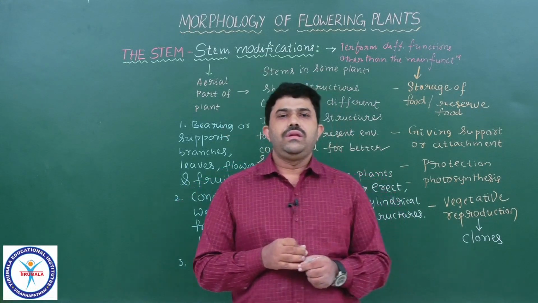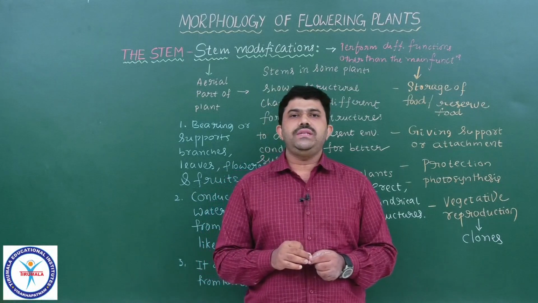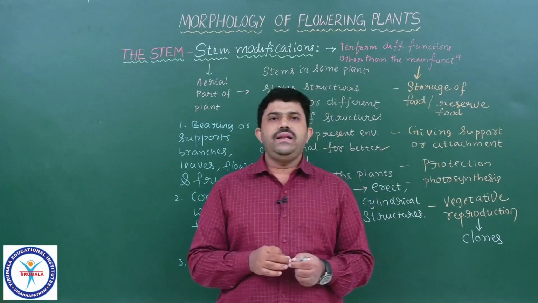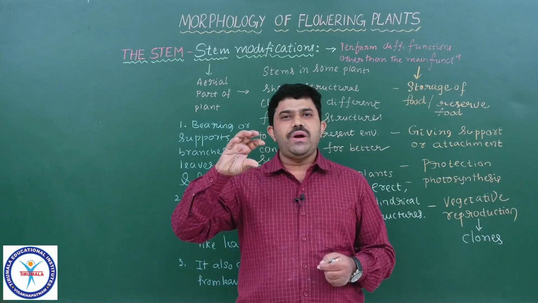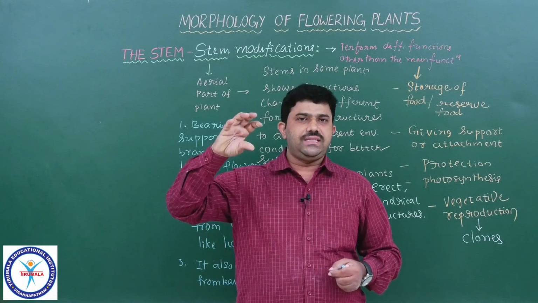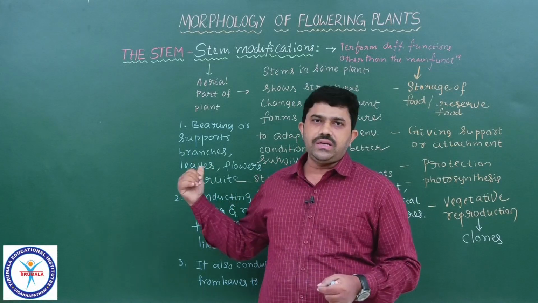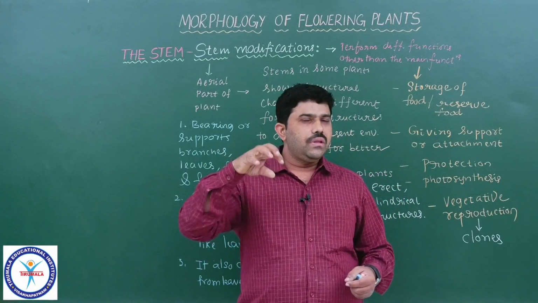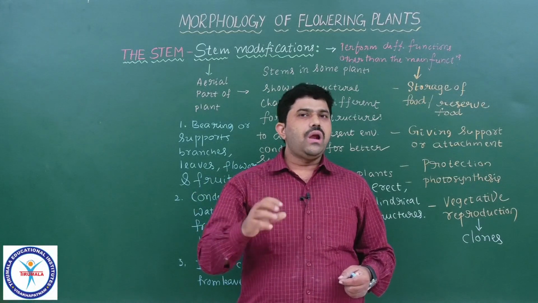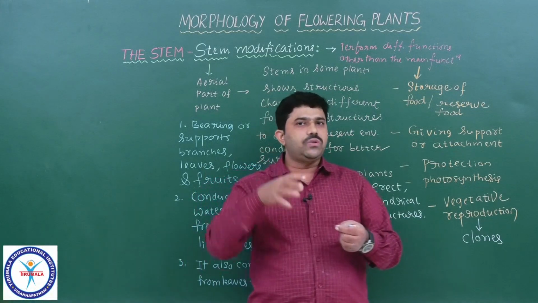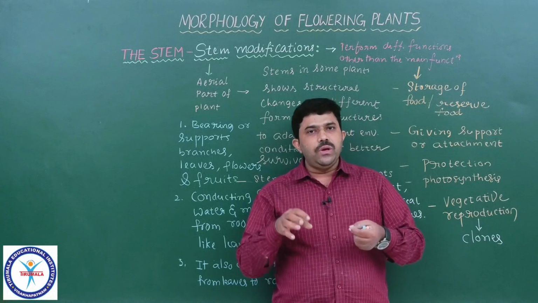Here, underground stem modification means, generally the stem is an aerial part, but in some plants the stem hides inside the soil. Not completely, some part of the stem is situated below the soil.